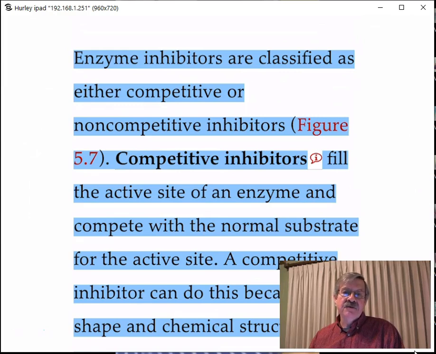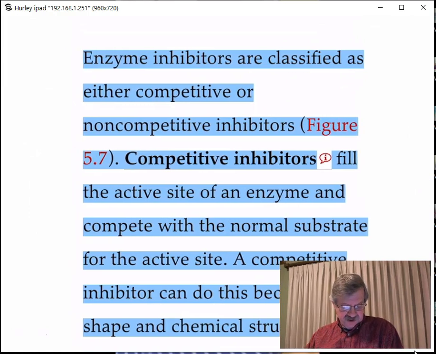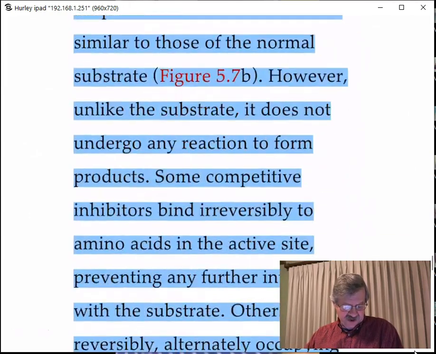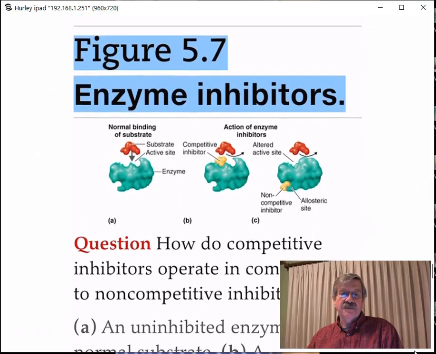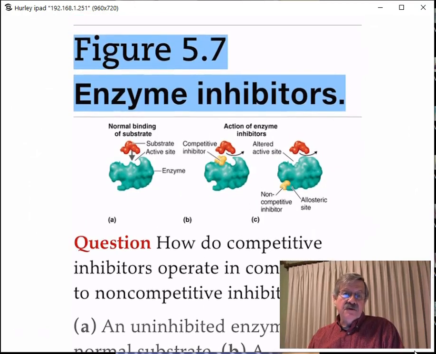The inhibitors can be classified as competitive or non-competitive based on what part of the enzyme they bond with. Let's go down here and look at a diagram for that. That'll be easier. So you notice in A on the left, you have the active site and the substrate, with the matching shape of the active site and the substrate.